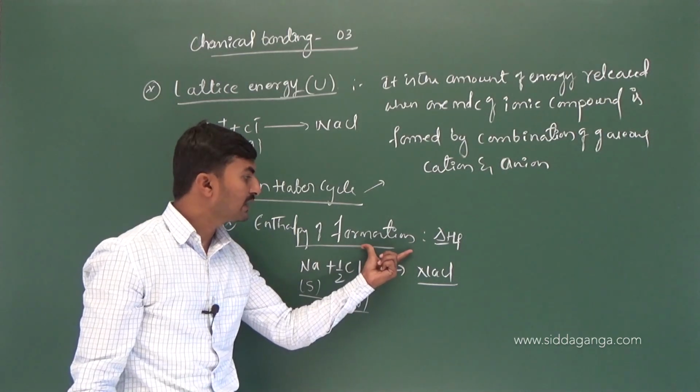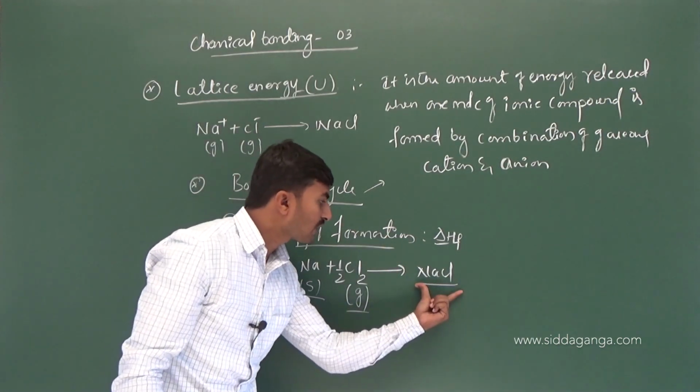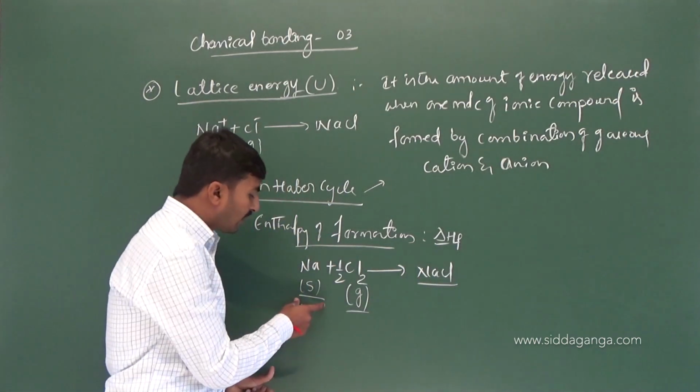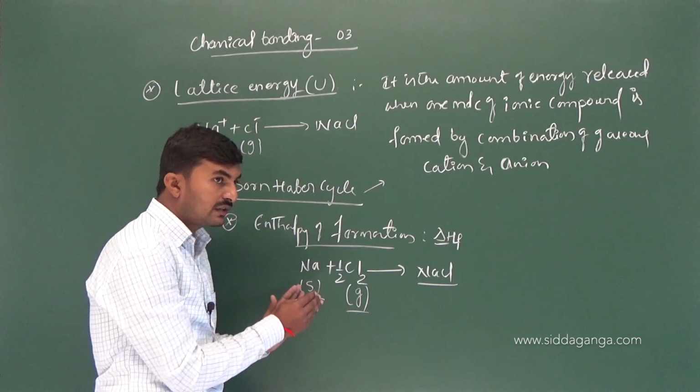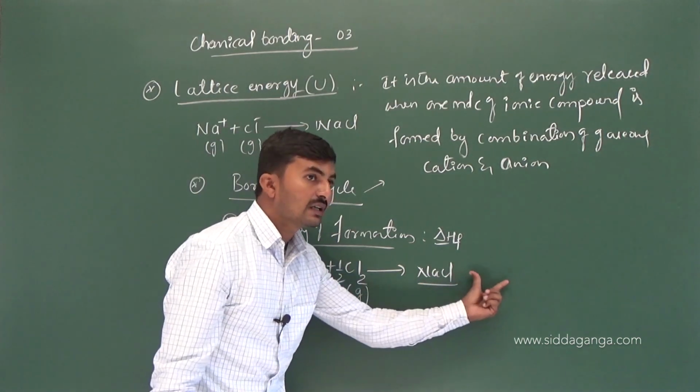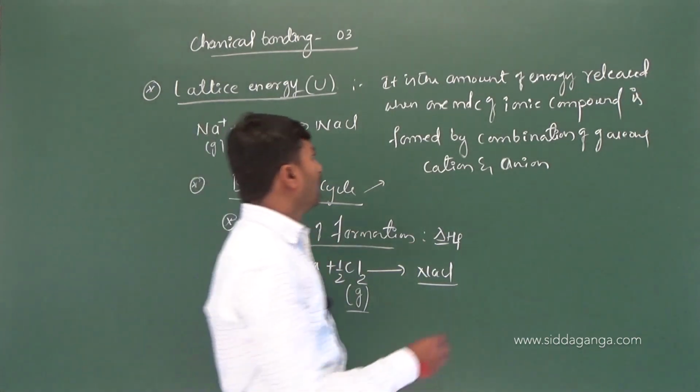The name itself indicates that during the formation of 1 mole of ionic compound by the combination of elements in their pure and stable state, the energy released is nothing but the energy of formation.